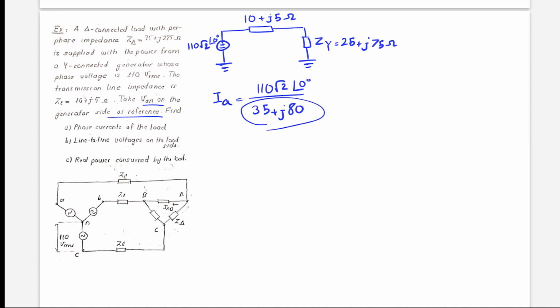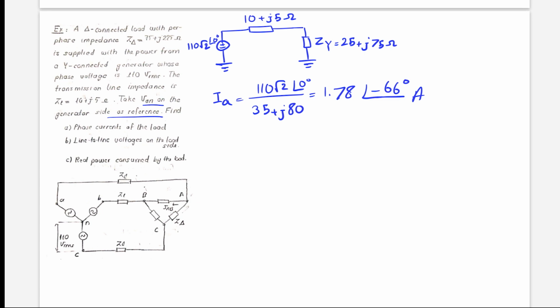The denominator is given in rectangular form, so we need to convert it to polar form like the numerator. With those calculations, we will get 1.78 with the phase of minus 66 degrees amps.